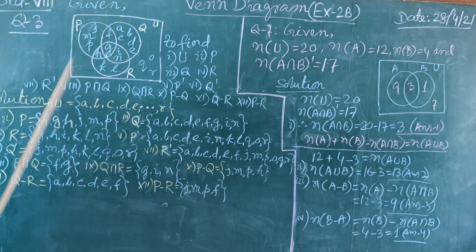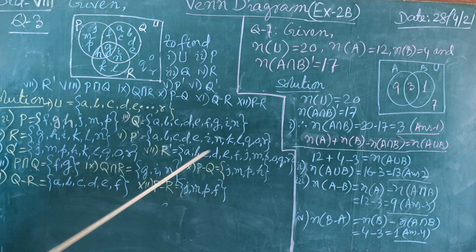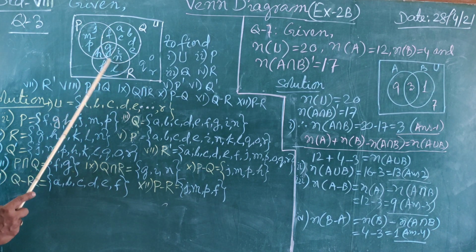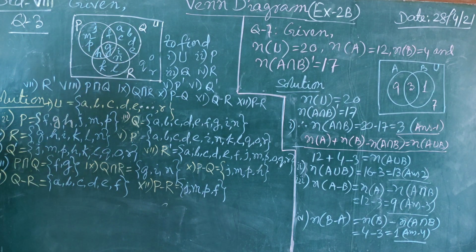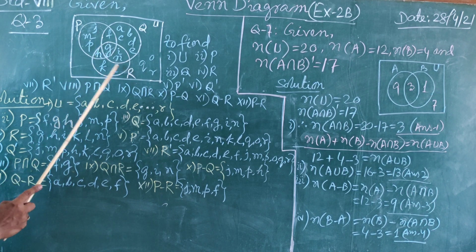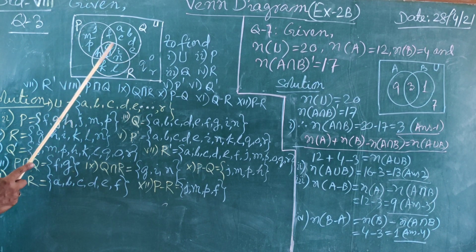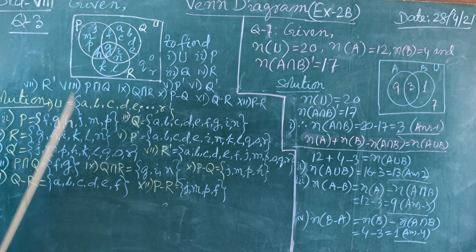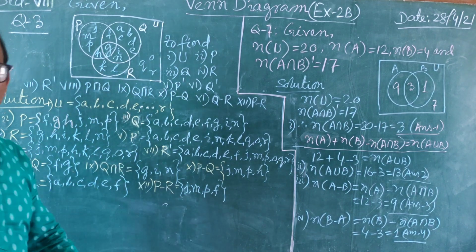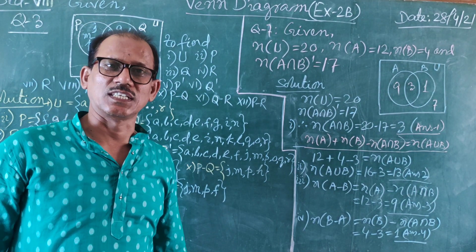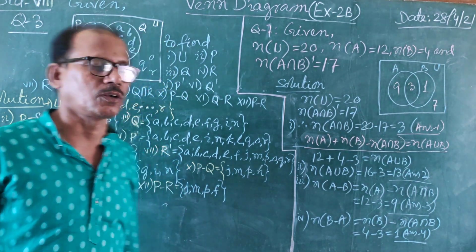Now P intersection Q will be this particular region, from here to here. Q intersection R will be from here to here. P intersection R will be from here to here. And you can find the complement part by leaving whichever set it is, the elements of that particular set.